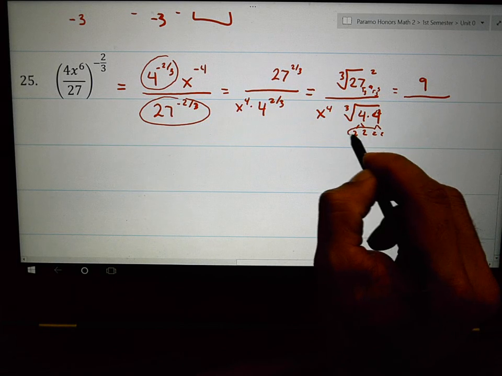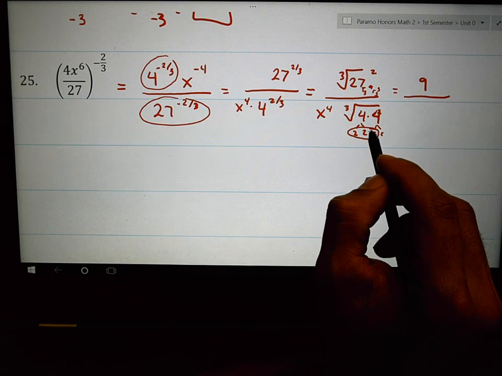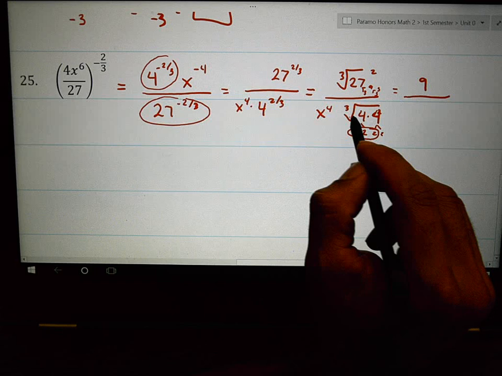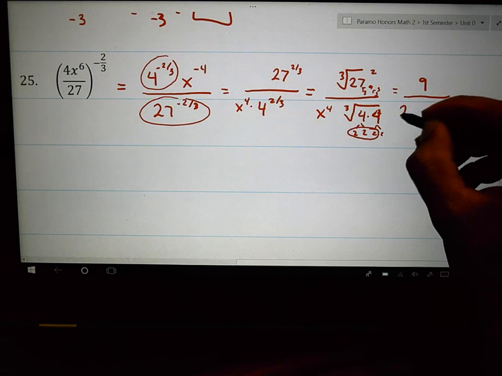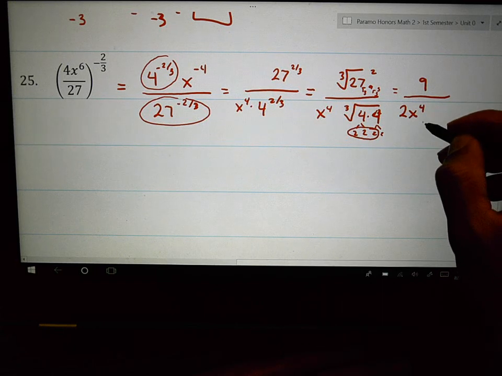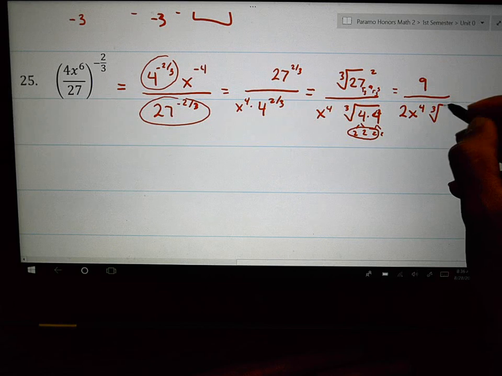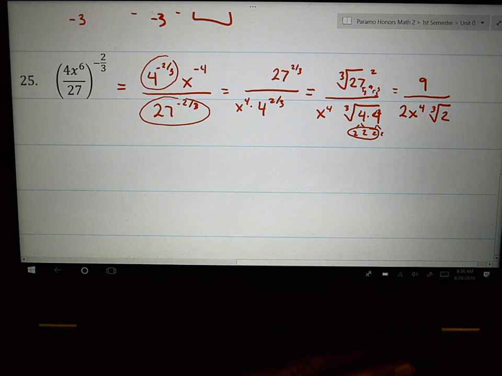There's 3 of them. And now I've used that exponent, so that 2 is going to break out. 2x to the 4th. And then I have this 3rd root of 2 left over. This is as small as it's going to get.